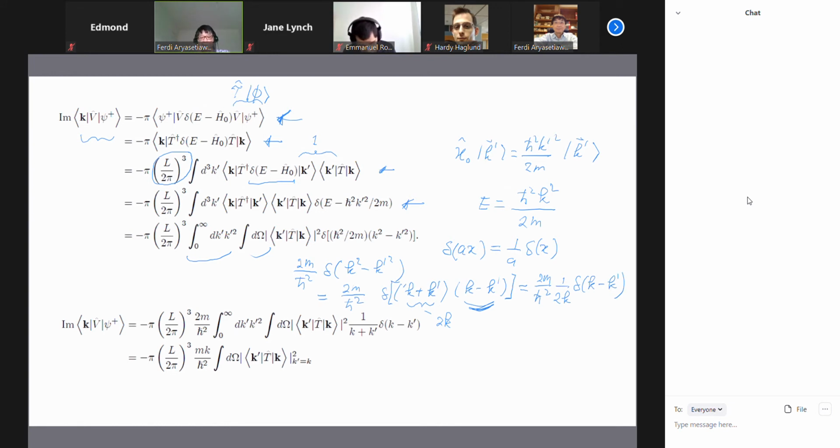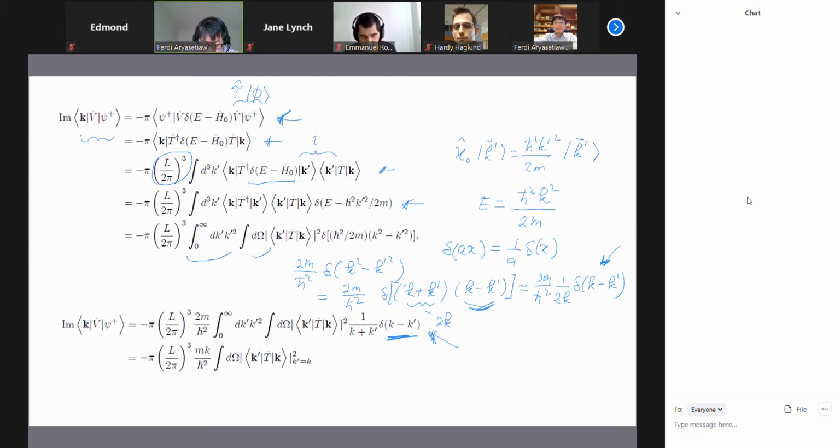Then we can do the integral easily. So this is what I have here. So I have made use of this equation here. Yep. So the integral over k prime can then be done because we have just a delta function here.